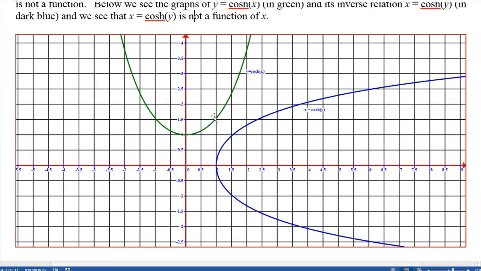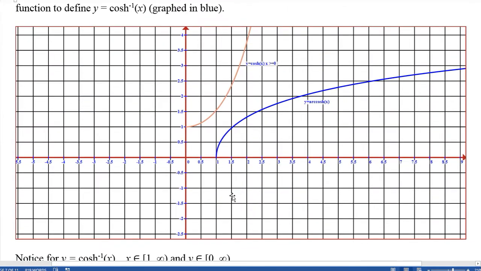In this case, which part do we want to keep? We're given a choice between positives and negatives. We'll prefer positives, so we'll choose the part from 0 to infinity, this part right here, and when you reflect that over, you get just the top half of this graph here. So this one is our original function, y equals cosh x, but only the part where x is greater than or equal to 0.